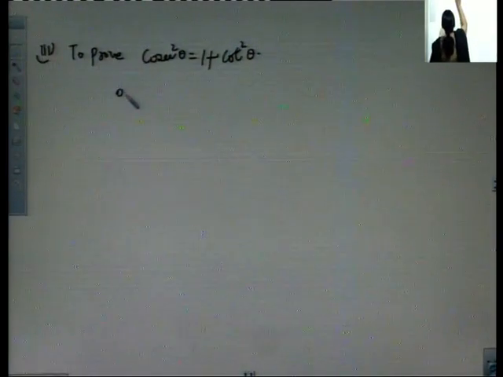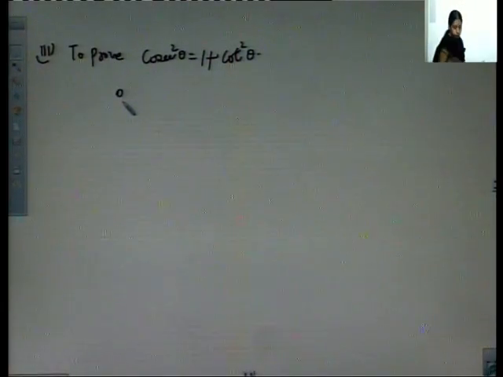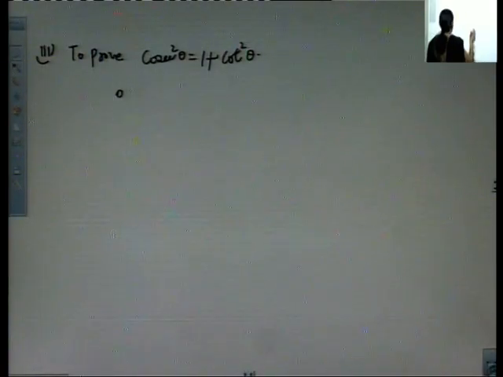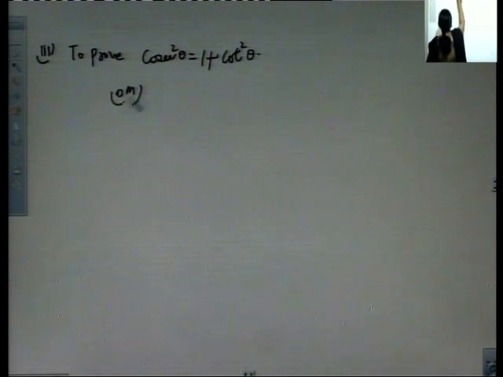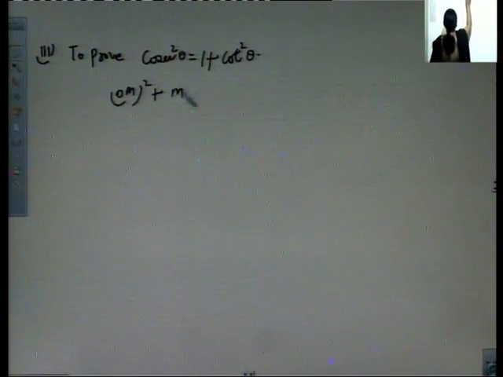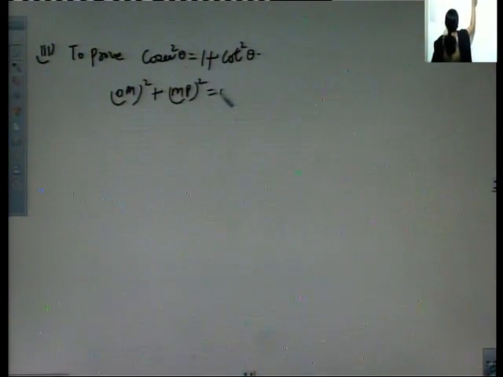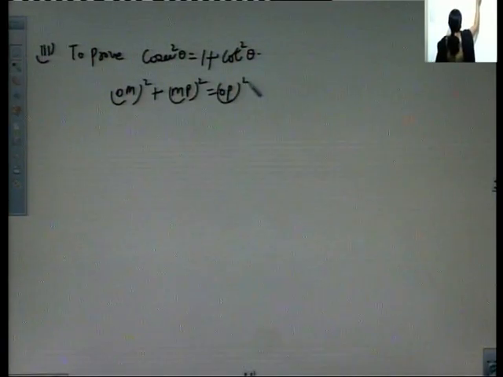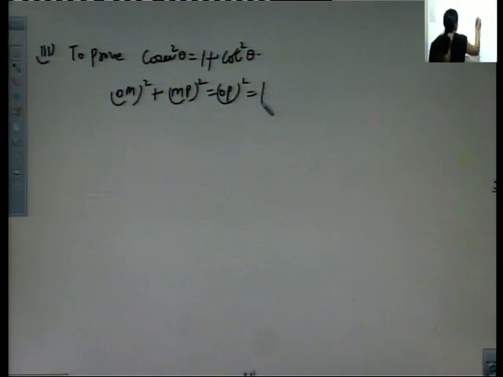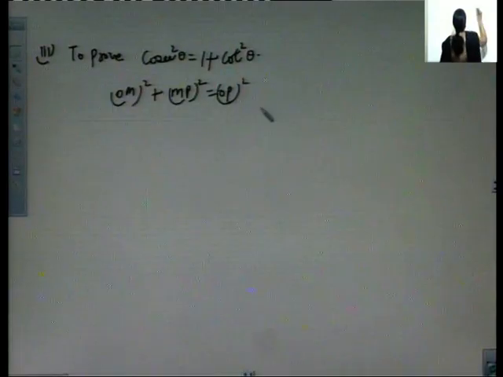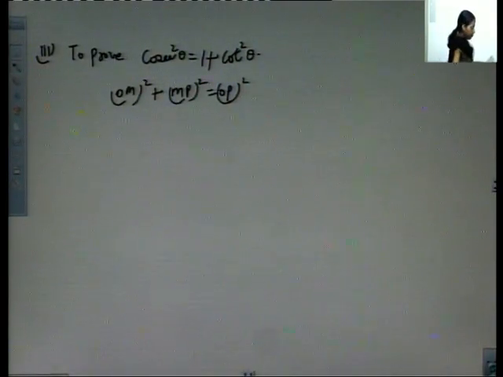So, first of all, we have to write the relation. OM square plus MP square is equal to OP square.